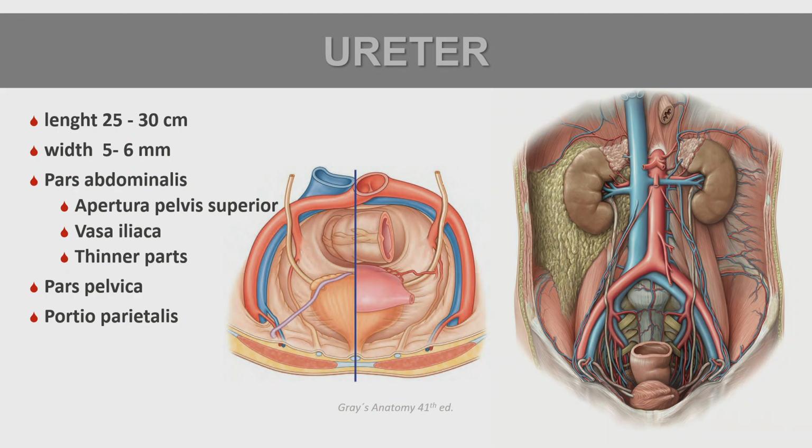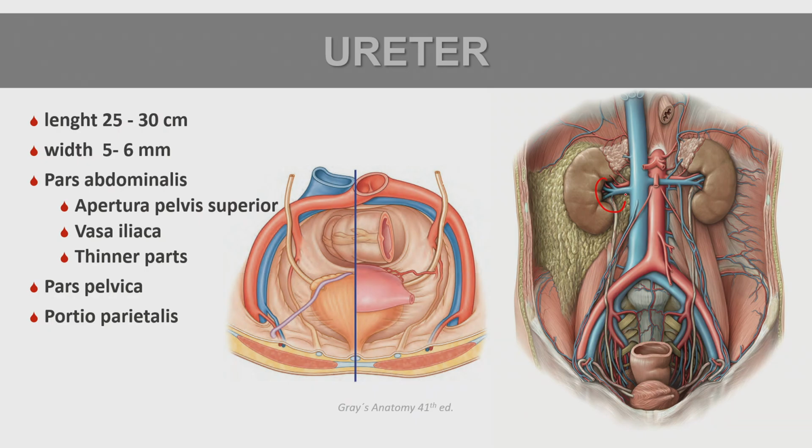From the pelvis is the origin of the ureter. It's a tubular structure which has a length of about 30 centimeters and a width of 5 to 6 millimeters, so very thin. It has 3 parts. One is abdominal.